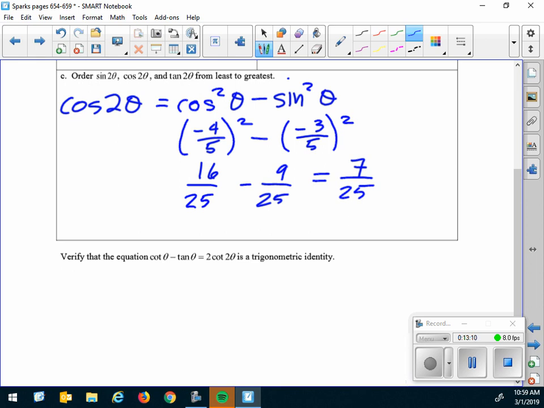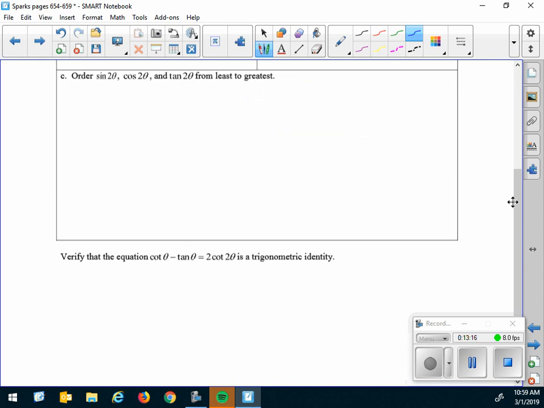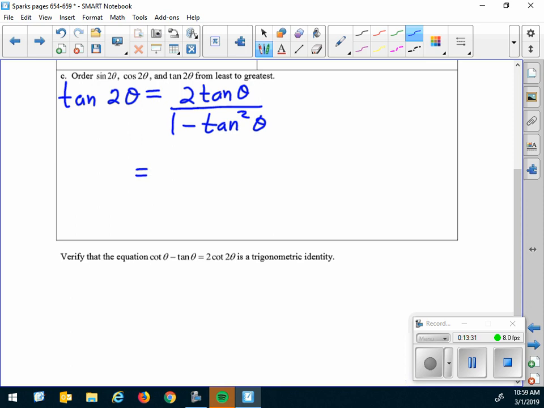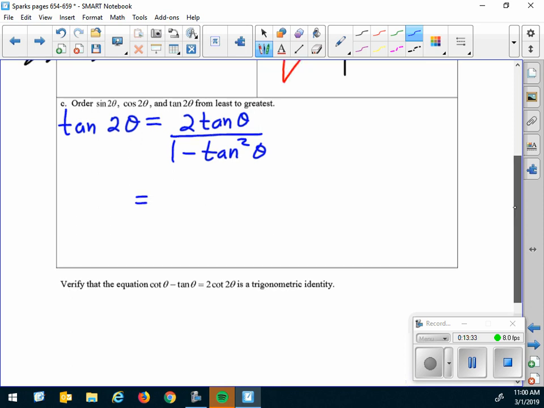Again, I'm going to erase so that I have room. You should have plenty of room. Let's do tangent. Tangent of 2 theta equals, good, good. Now the nice thing is tangent theta is right on that triangle.